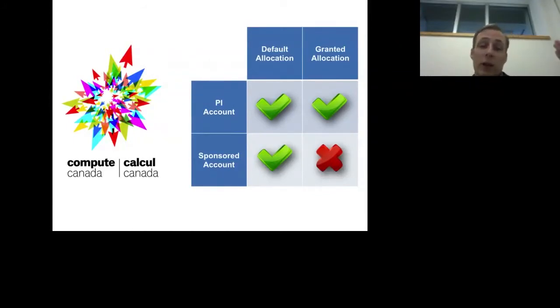For example, if the principal investigator has 50 gigabytes on a system called OwnCloud that we run, which is like Dropbox, it's held here in Canada, has secure access and so on, the sponsored user will also get their own 50 gigabyte allocation there. And that's true for all the default allocations. Only the PI can have a granted allocation, but they can share that, so that's a shared resource with their sponsored users. So that's background for Compute Canada.